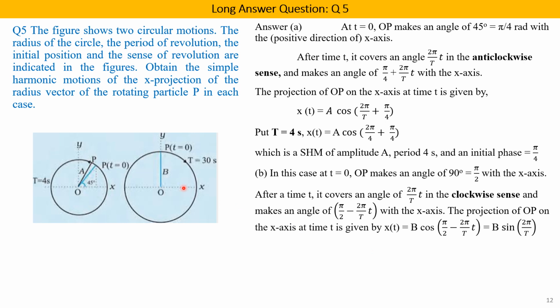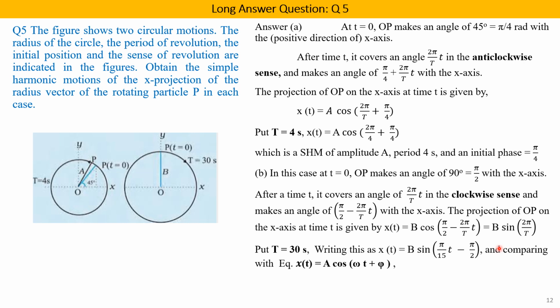The projection of OP on the x-axis at a given time is x of t is equal to b cos of (pi by 2 minus 2 pi by T t), that is equal to b sine of 2 pi by T t. So here cos is changed to sine because of the pi by 2 trigonometric ratio.